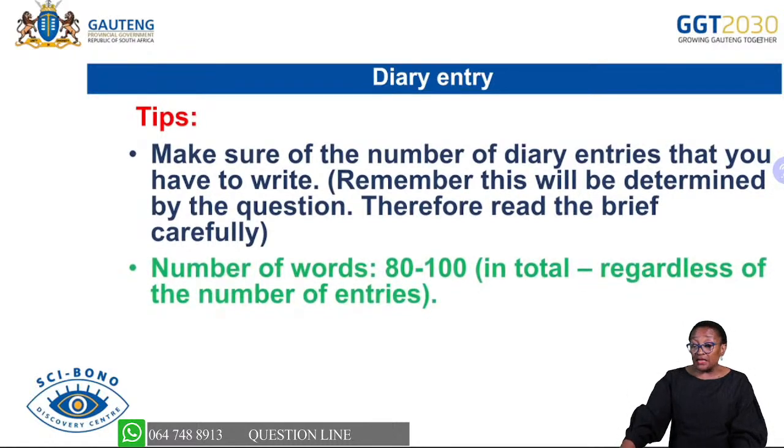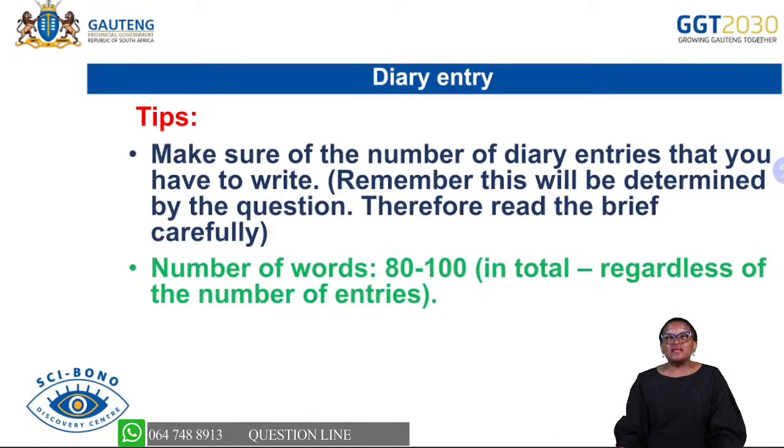The number of words there, we have to have between 80 and 100 in total, regardless of the number of entries that you have. What do we mean by that? It doesn't mean that if you are requested to have two entries, then you can have 100 words in one entry and 100 words in the other entry. No. When we say the number of words has to be between 80 and 100, that means regardless of how many entries you are expected to write, if it's one entry, it still has to be between 80 and 100.